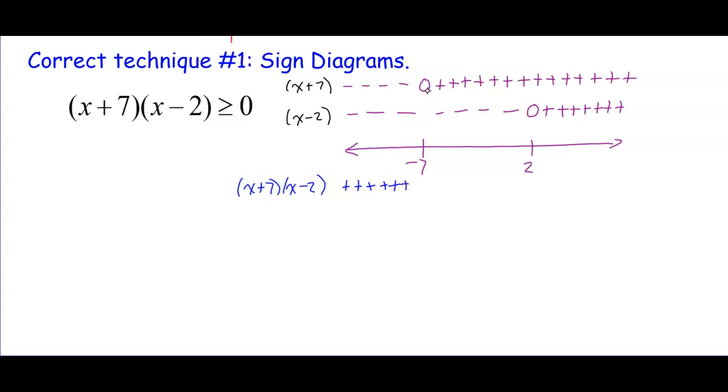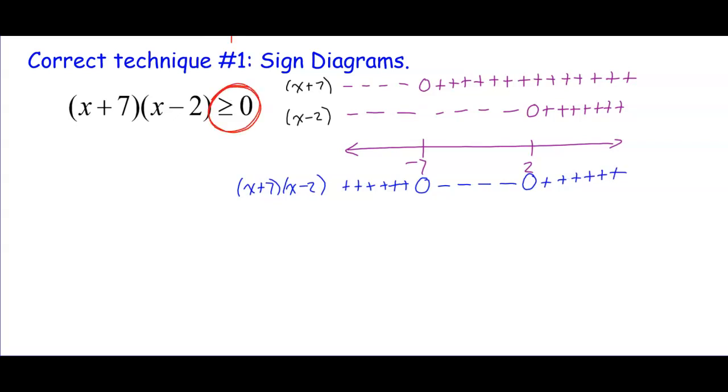Right at -7, you would have 0 times something, so it would come out 0. Between -7 and 2, you would have a positive number times a negative number, which comes out negative. Right at 2, you'd have something times 0, the result comes out 0. And for anything bigger than 2, you would be getting a positive number times a positive number, which would come out positive.